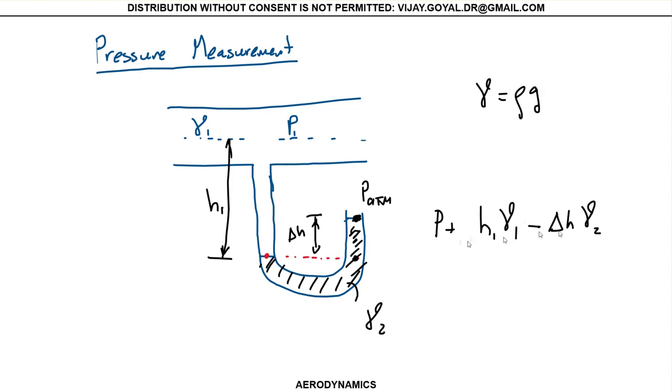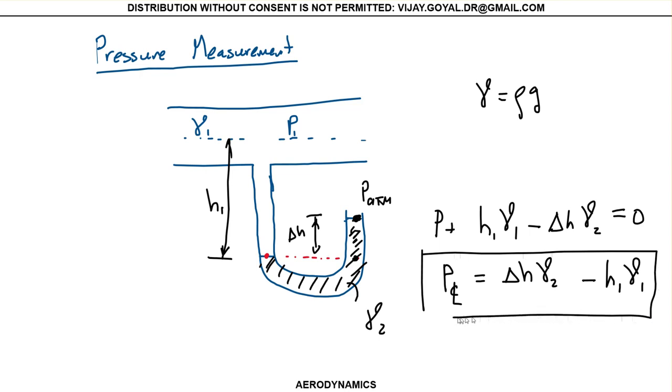I'm actually using gauge pressure here, so this is equal to 0. So your P at the center line will equal delta h times gamma 2 minus h1 gamma 1. That's a direct application of how we do this.